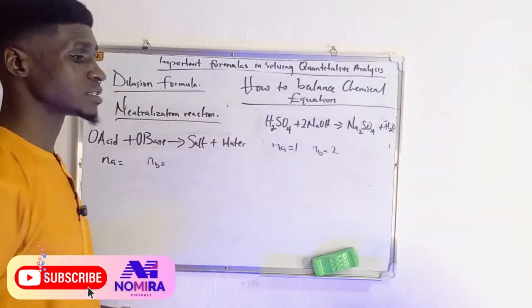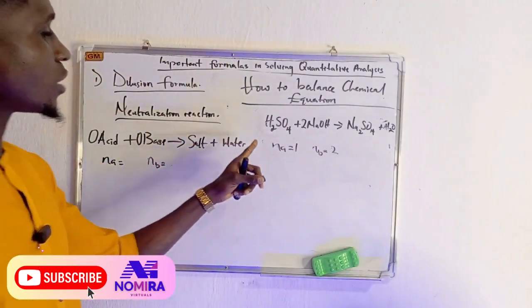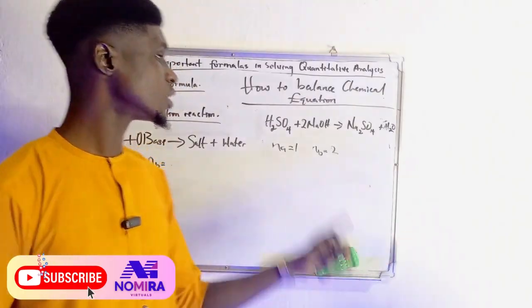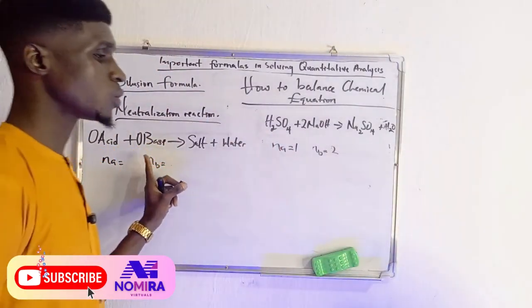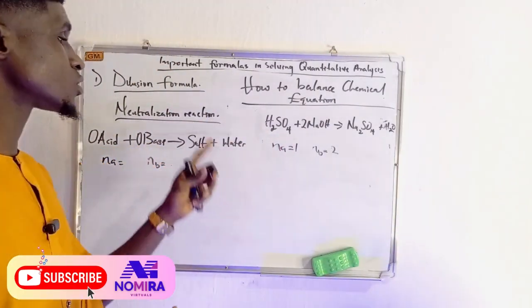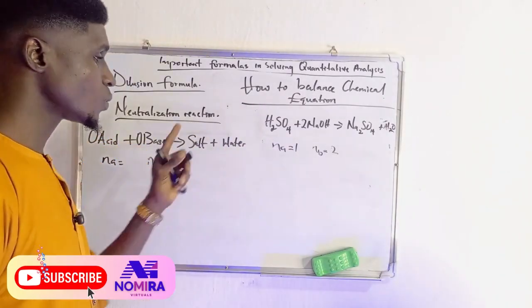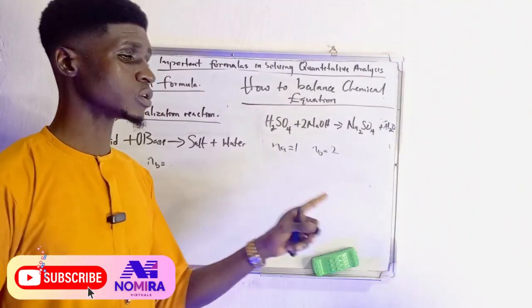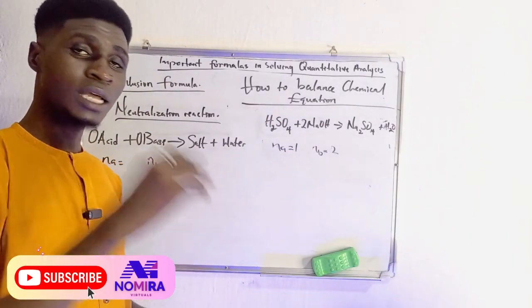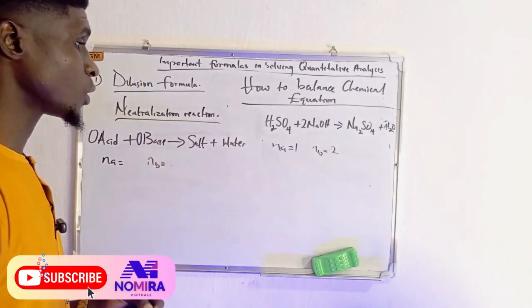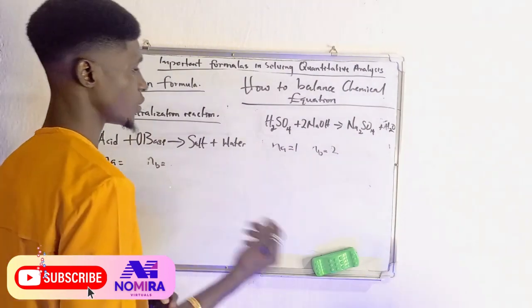Let us give another example where we will find out how to balance a chemical equation, also involving a neutralization reaction. Please note that this also applies to all types of reactions. The same way we balance this chemical equation is the same way we balance other types of chemical equations or reactions.